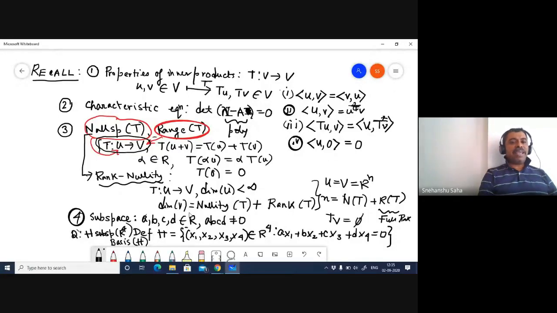Now, guys, since V is finite dimensional, let me rephrase my question and make it clearer. Since we know that V is finite dimensional, V also must have a basis, right? So U is finite dimensional, U has a basis. V is finite dimensional, V has a basis.